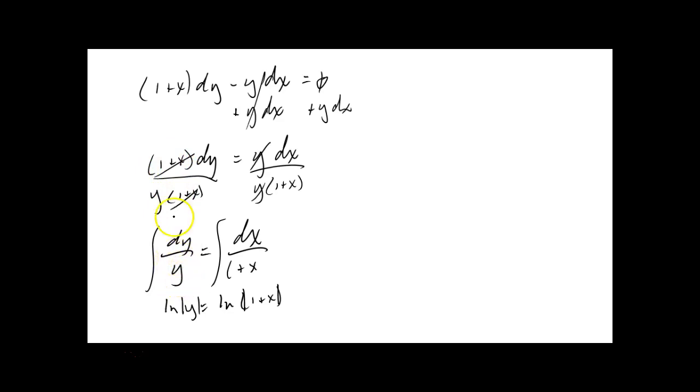If y was 0, this is a fairly meaningless equation to begin with: 1 plus x dy is equal to 0. And if 1 plus x was equal to 0, that's, again, a meaningless equation because you have 0 is equal to y dx. Well, that doesn't produce anything. So we'll assume they're not equal to 0, and the absolute value bars keep them from being negative.